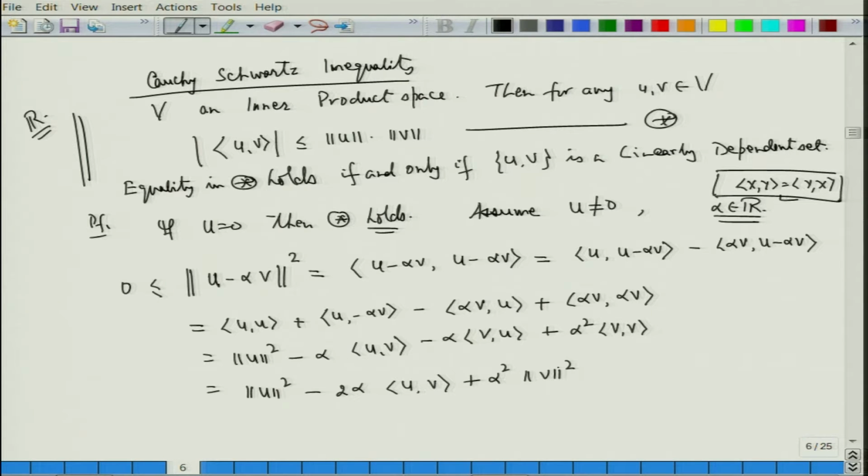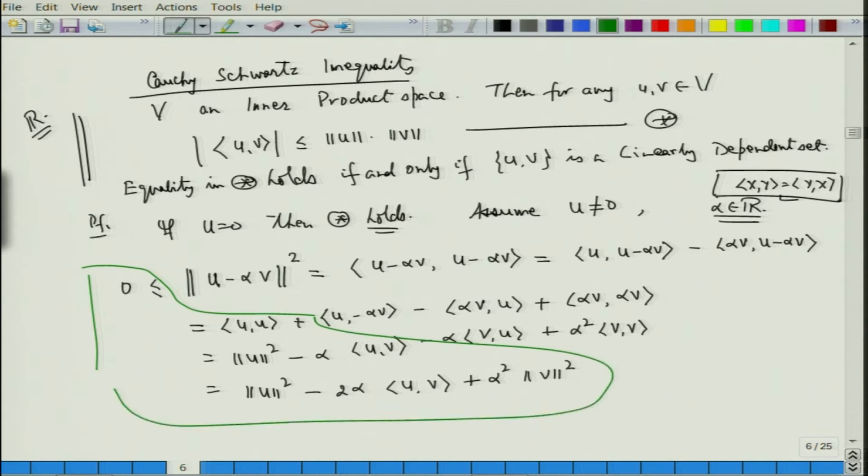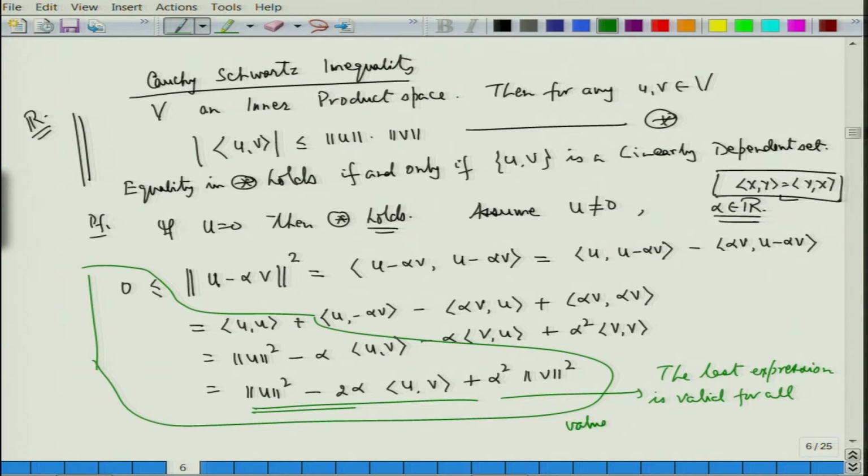Now look at this expression. The last expression is valid for all values of alpha, alright.